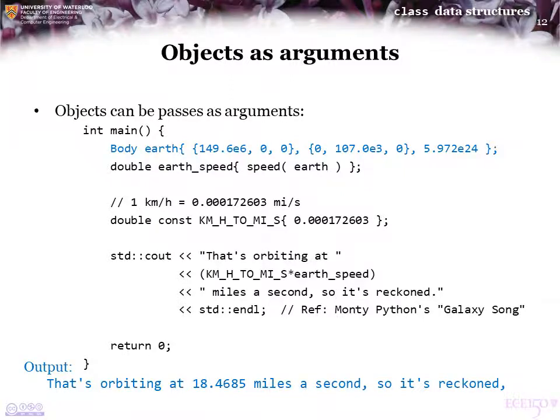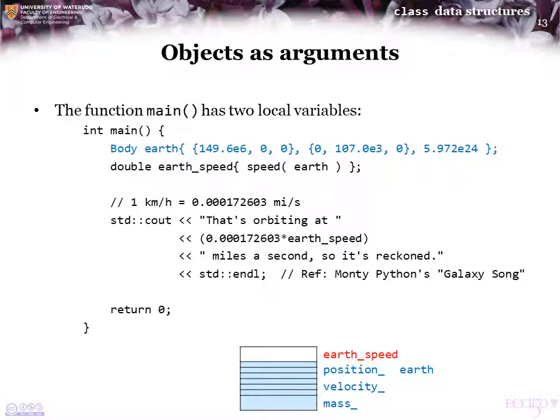So, carrying on. All right, now let's look at how the call stack works with respect to function calls when arguments are objects. So inside main here, before Earth speed is initialized and speed is called, there are 2 local variables, and thus these are located on the stack as shown below.